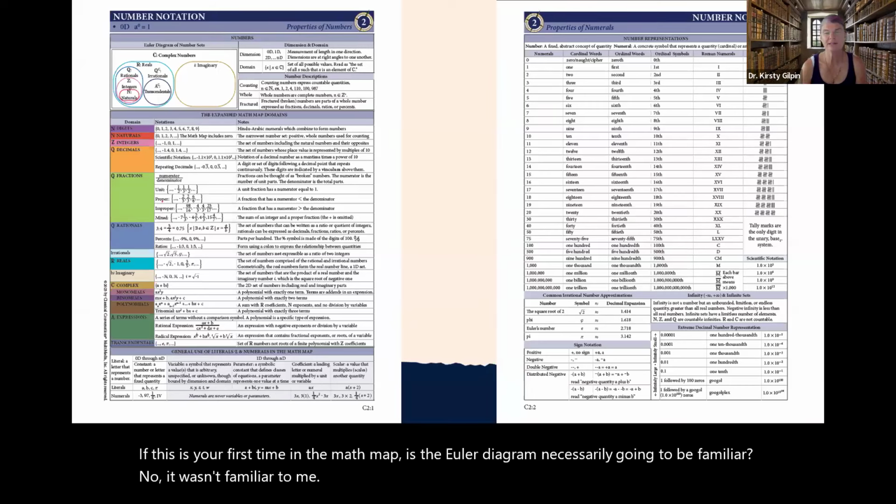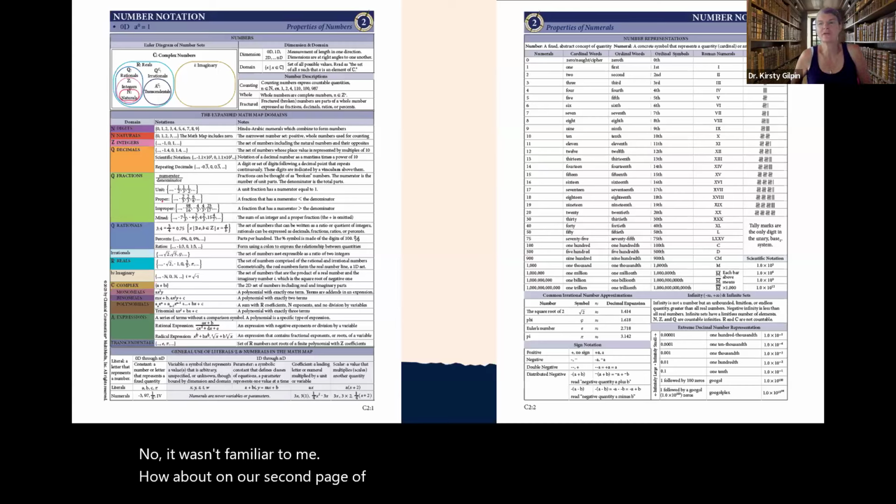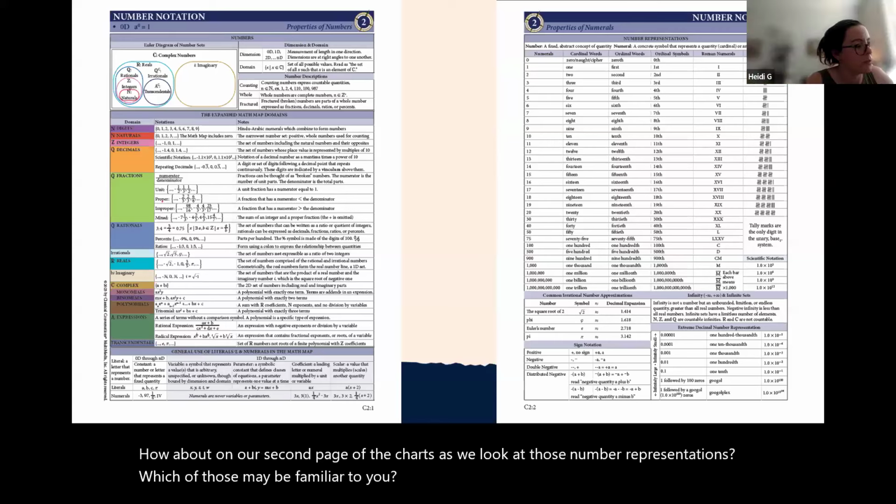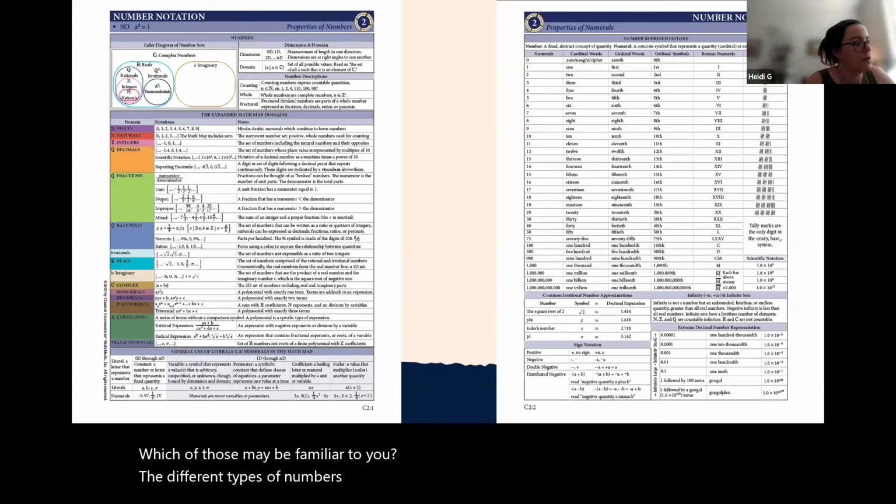How about on our second page of the charts, as we look at those numbers, which of those may be familiar to you? The different types of numbers, so numerals, cardinal words, ordinal words.